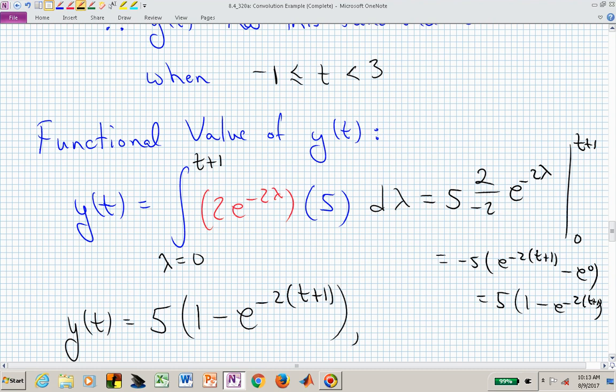And when is that true? Well, that's true when we establish the overlap picture to be valid, which was when t is between minus 1 and 3.